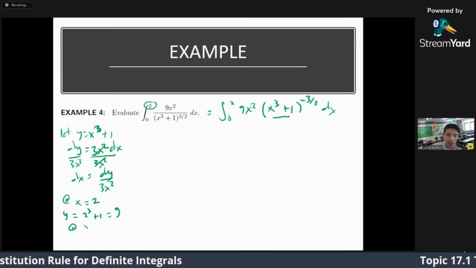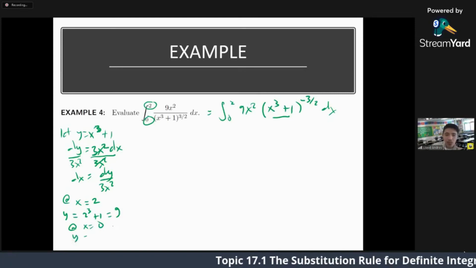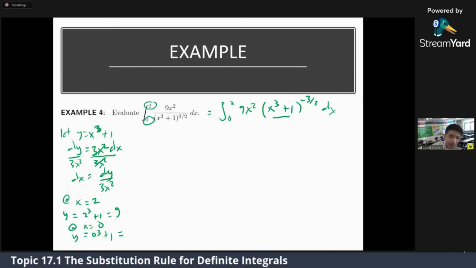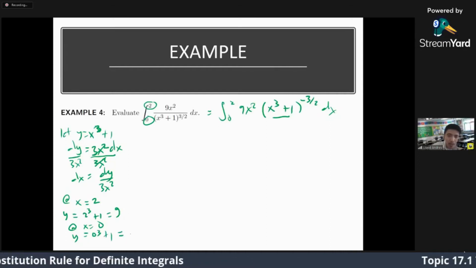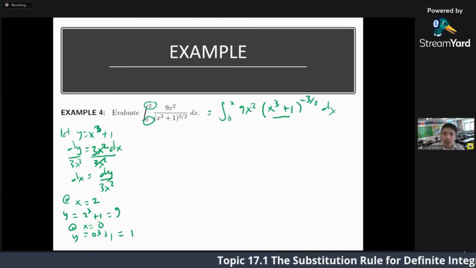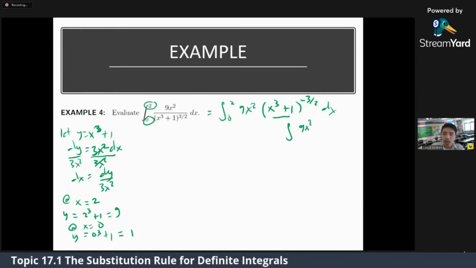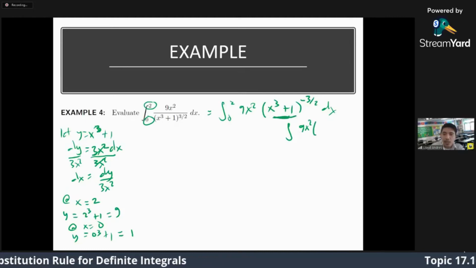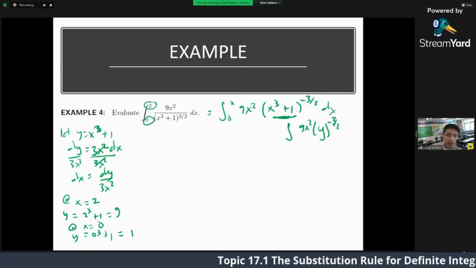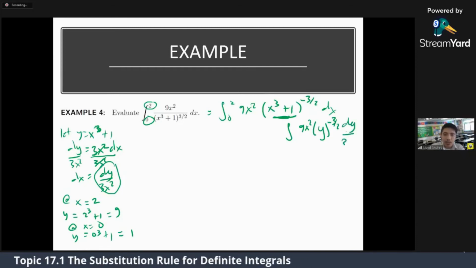At x equals 0, the lower limit, y is equivalent to 0 cubed plus 1, which is 0 plus 1, that's 1. So simplifying, this becomes the integral of 9x squared, this part is just y raised to negative 3/2, while our dx is dy over 3x squared.